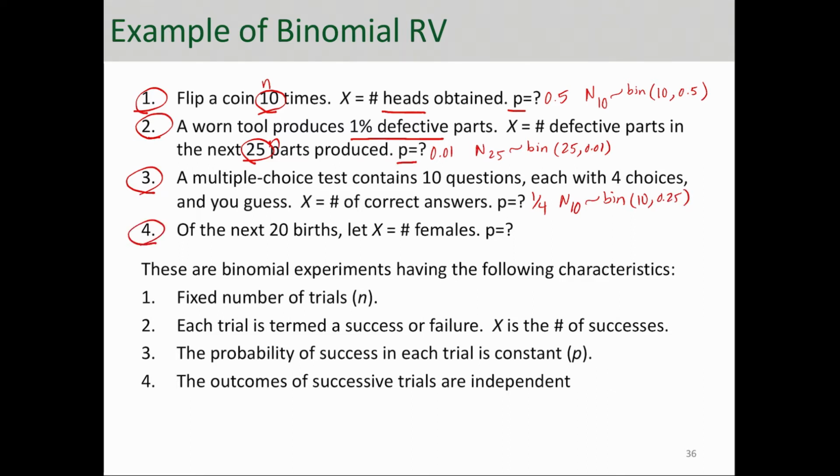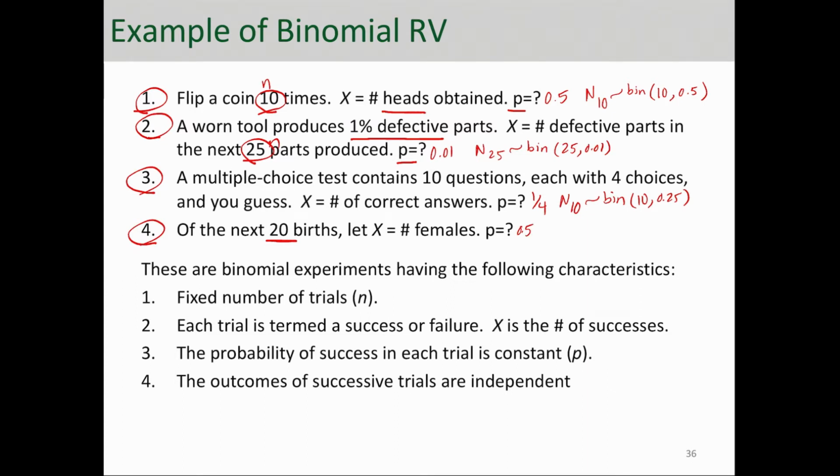Of the next 20 births, let X be the number of females. Well, you have 20 trials, independent and identically distributed trials. And assuming that we have only males and females for a newly born child, probability of being a female can be safely assumed is 50%.